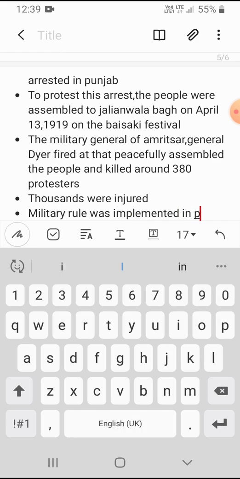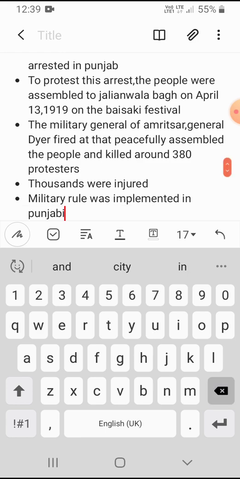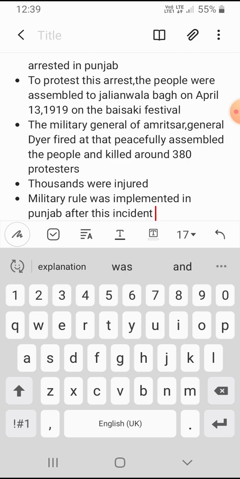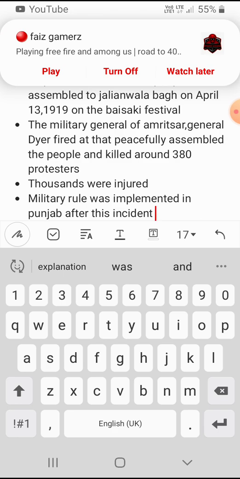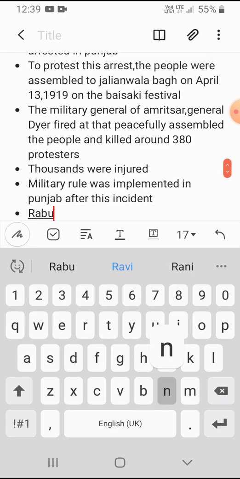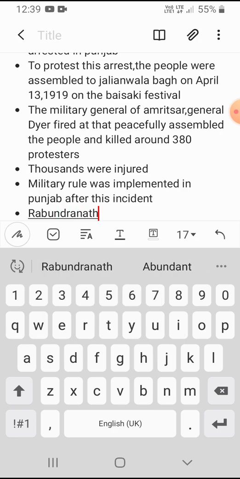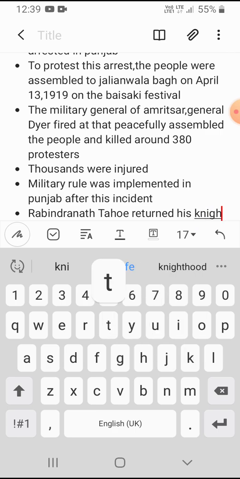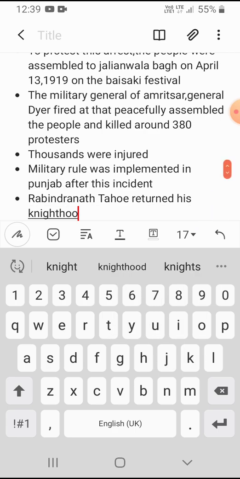After this, Rabindranath Tagore returned his knighthood award, an award Rabindranath Tagore had received.